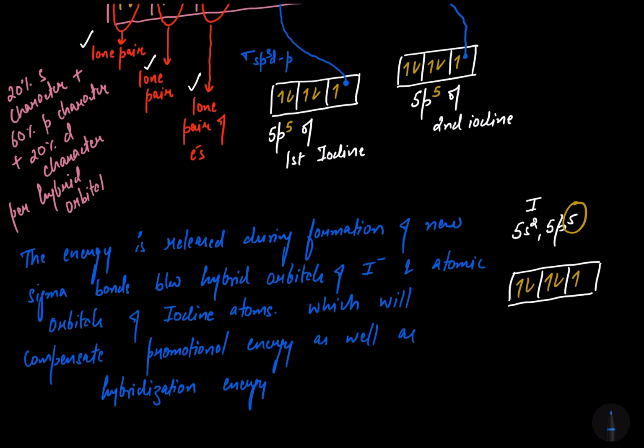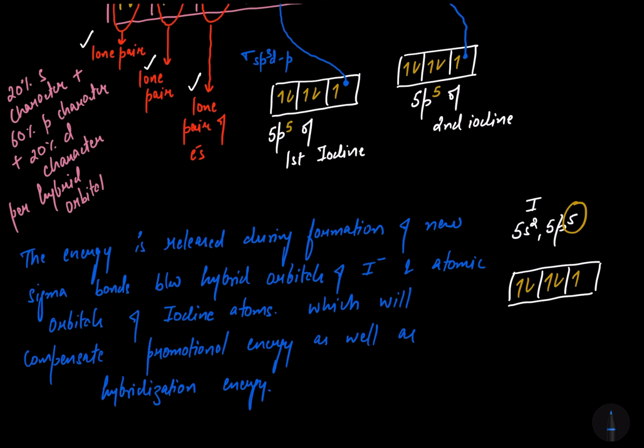So the 2 energies which were consumed were promotional energy and the hybridization energy, which get compensated by the energy released during the formation of new sigma bonds between the hybrid orbitals of iodide ion and atomic orbitals of iodine atoms.